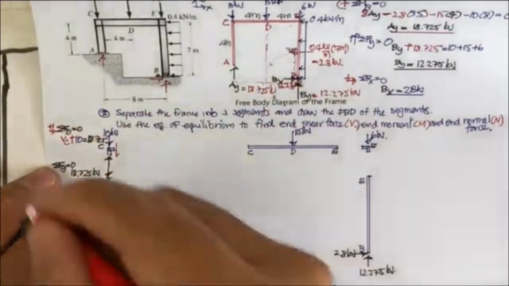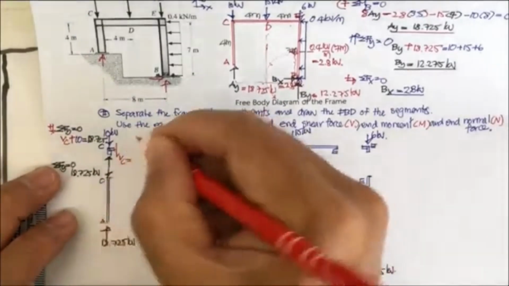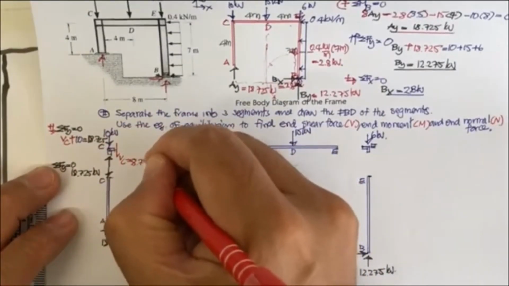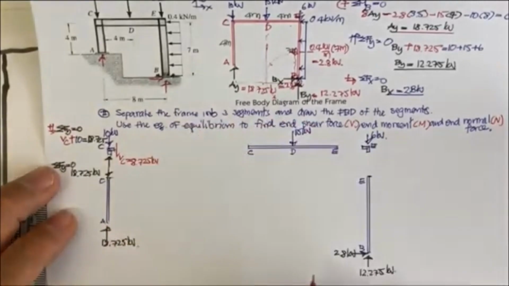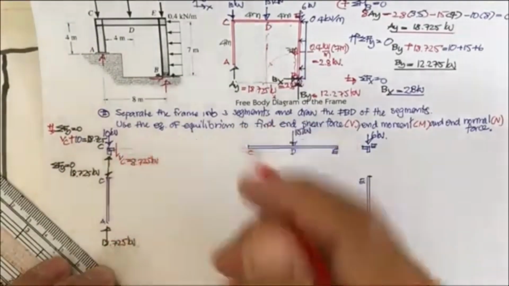So you will get V sub C equal to 8.725 kilonewton. And there is no axial force and no moment.